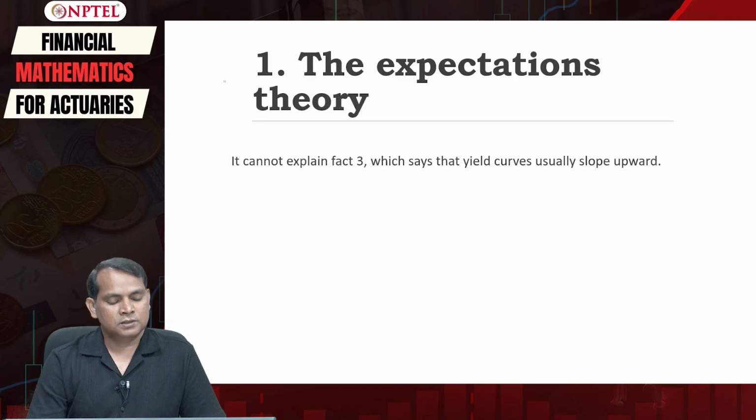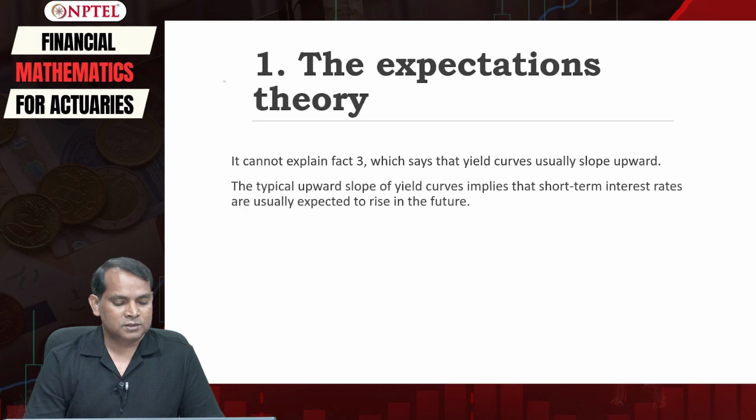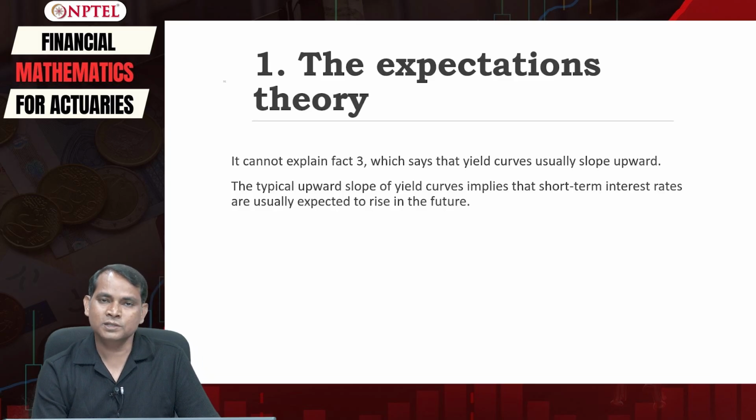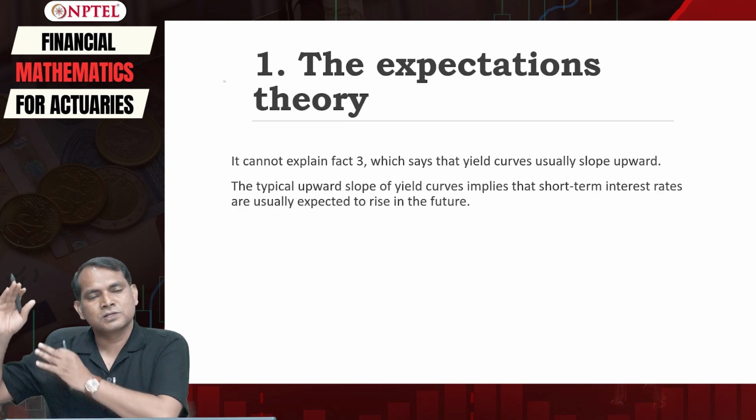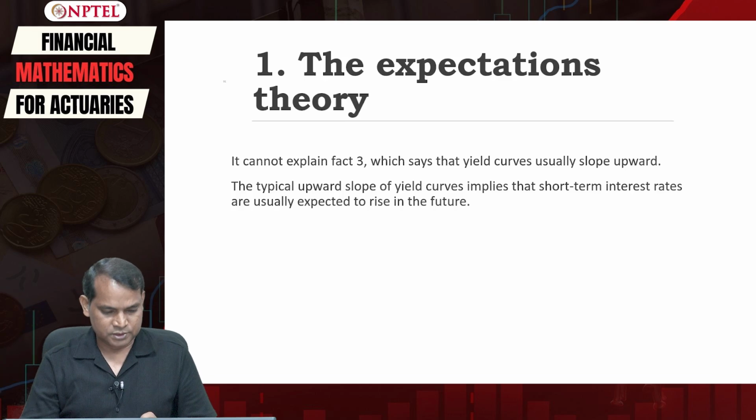What about fact 3? It cannot explain fact 3, which says that the yield curve usually slopes upward. The typical upward slope of the yield curve implies that short term interest rates are usually expected to rise in the future. So, every time the short term interest rate is going to increase, right?